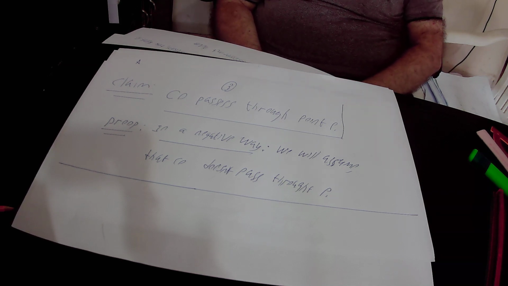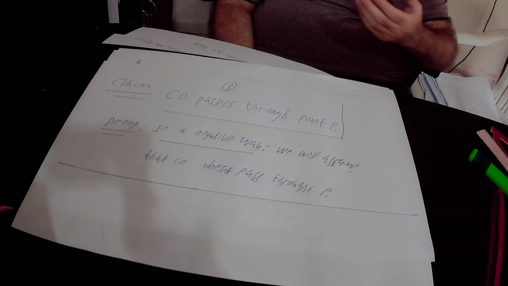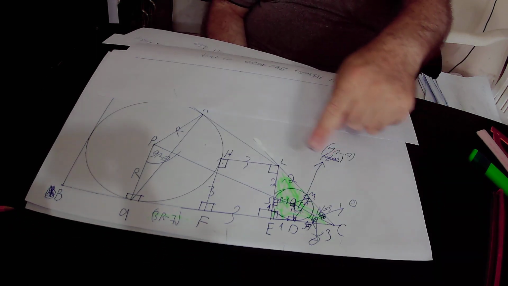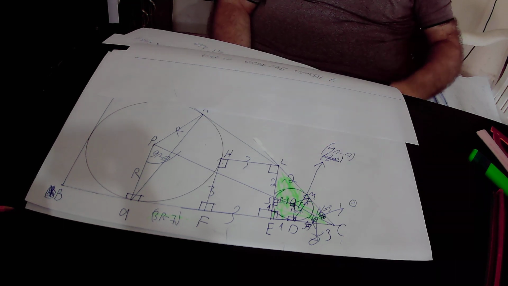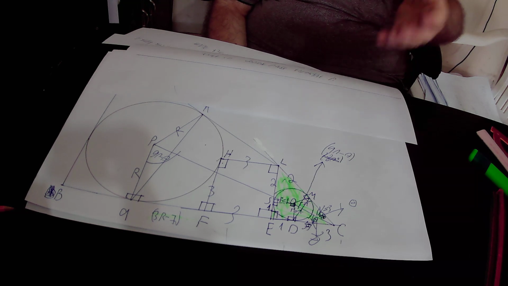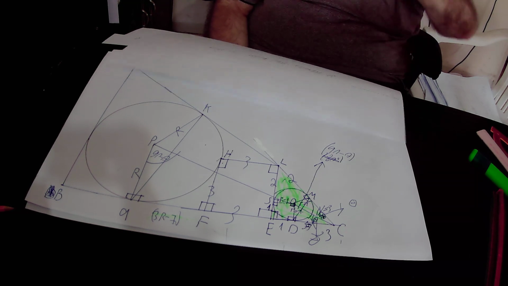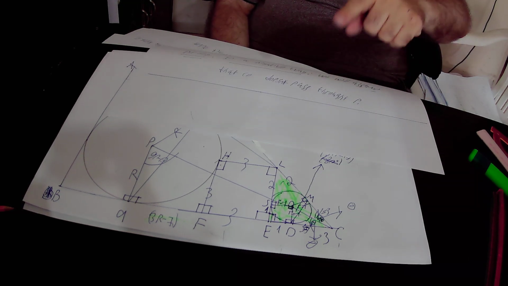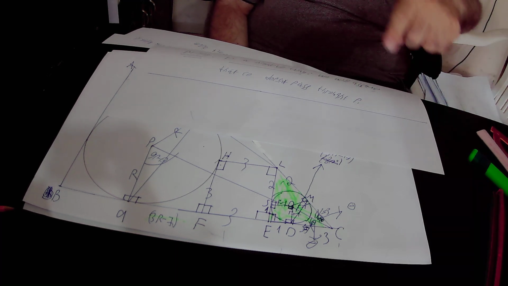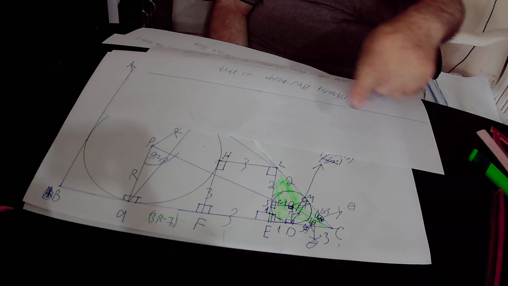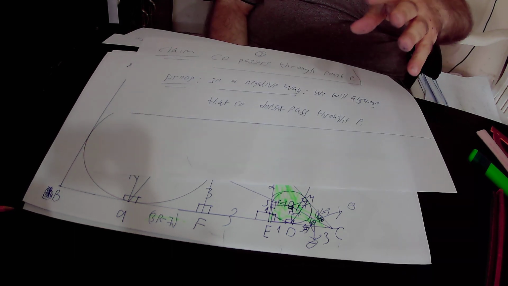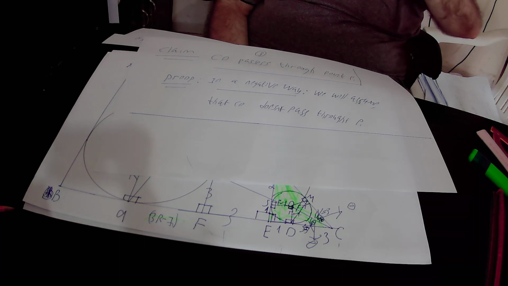That is to say, we assumed that CO doesn't pass through point P, and according to our assumption we got to a contradiction. Therefore we concluded that our assumption was incorrect. Therefore CO indeed passes through point P. Okay, this was the process of the proof.